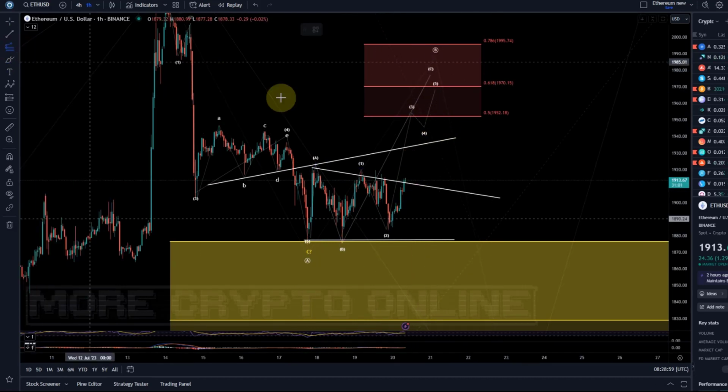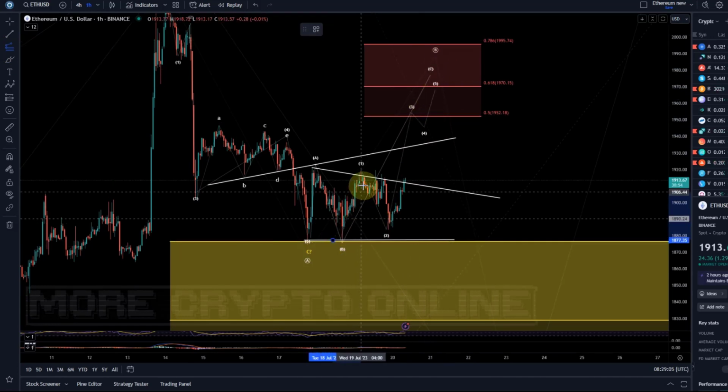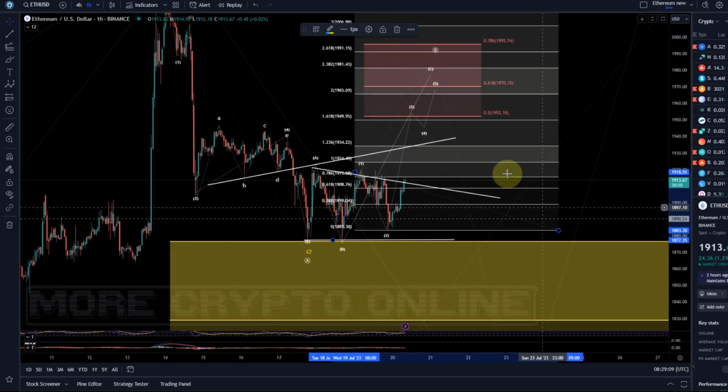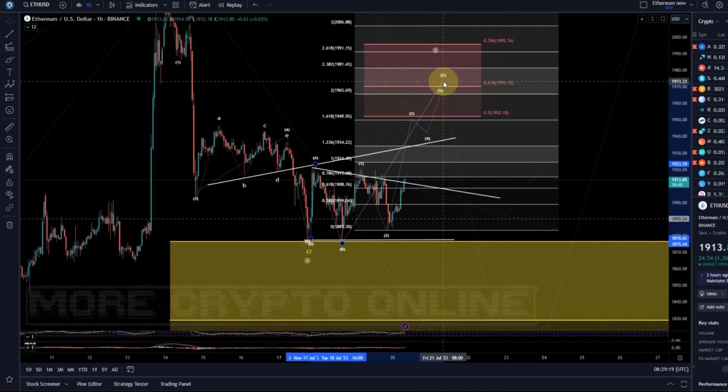If this is now the third wave within the C wave, within the B wave, and again, it's dangerous to go into that level of micro counting, but still, a reasonable target would be around 1949. In all likelihood, ideally, the wave 4 and 5 should push a little higher. We'll see. But 1950 seems to be an area where a lot of Fibonacci levels meet.